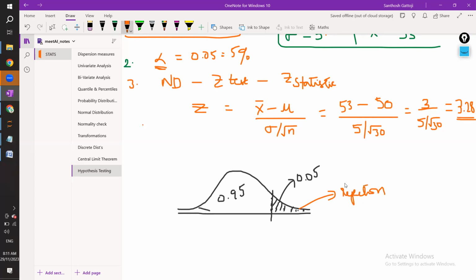Now the point here is you need to calculate which value is giving us 0.95 area. If alpha is 0.05, the overall area is 1. 1 minus 0.05 is how much? 0.95.